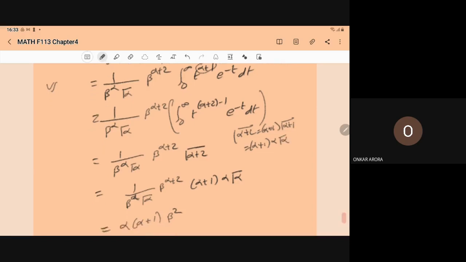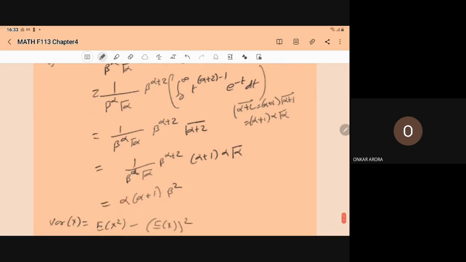So here we have 1 upon beta to power alpha gamma of alpha, beta to power alpha plus 2, and gamma of alpha plus 2 can be written as alpha plus 1 alpha into gamma of alpha. So gamma of alpha and gamma of alpha cancel out, beta to power alpha and beta to power alpha cancel out.